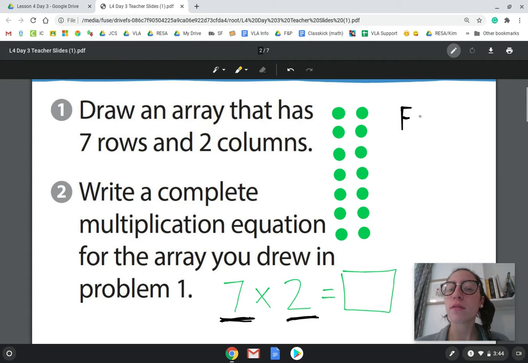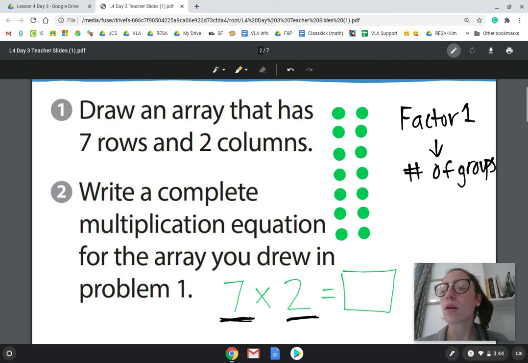Factor 1 will always be the number of groups or the number of rows, which is exactly why we put 7 here as our first factor.